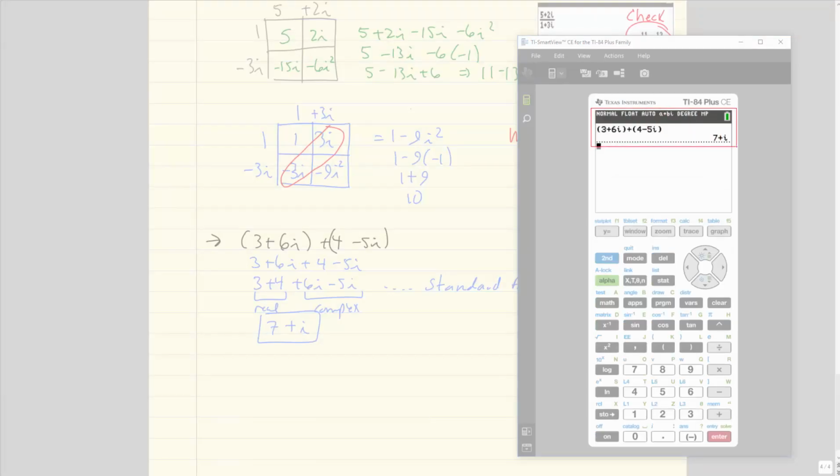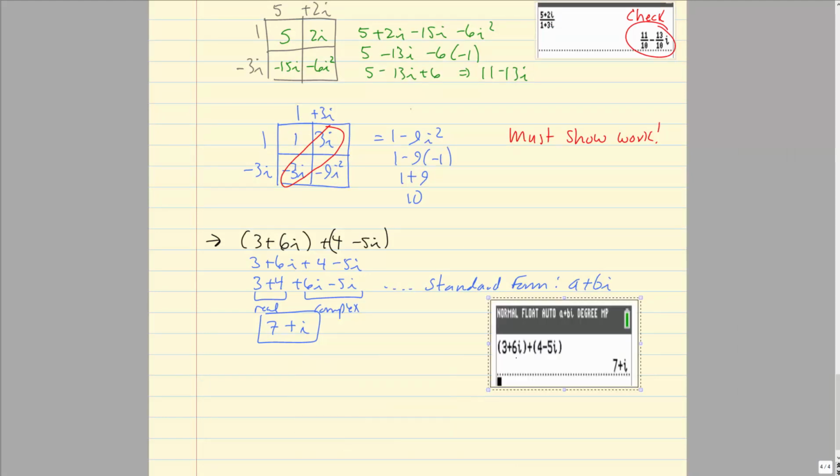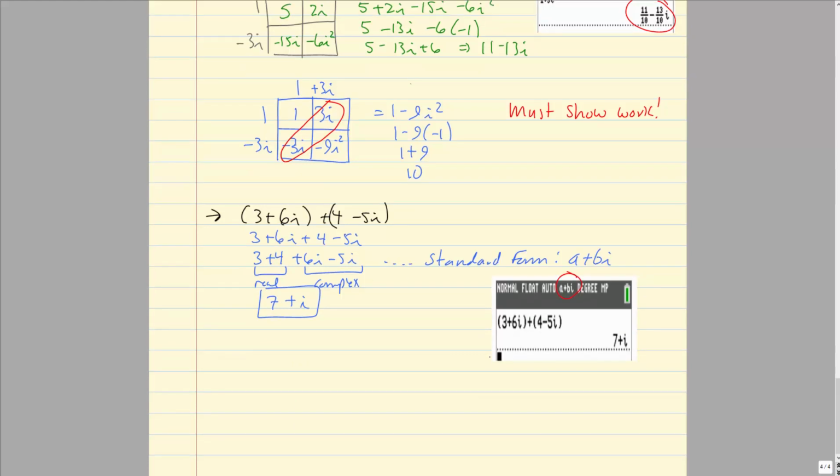So when I paste this one in, I want to make sure that I note that we are in complex mode right here, a plus bi. So this will work with addition, subtraction, multiplication, division. To always check your work, you have to be in complex mode though, so always double check that.